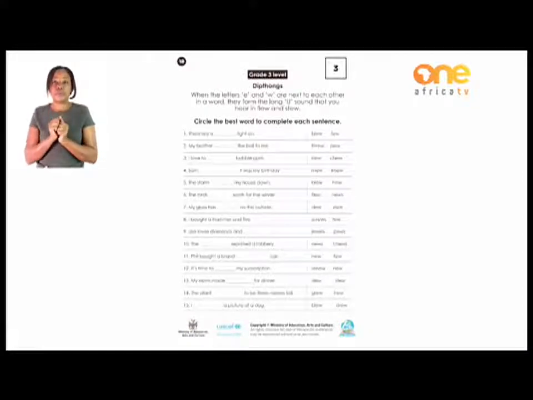Okay, so we are going to look at the E for an elephant and the W for a watch. When the two are together, they will give a sound of a long oo. We say ew. That's a long sound that we hear. And we can get that sound in words like flew, like if I fly.